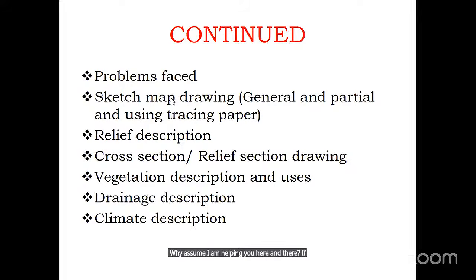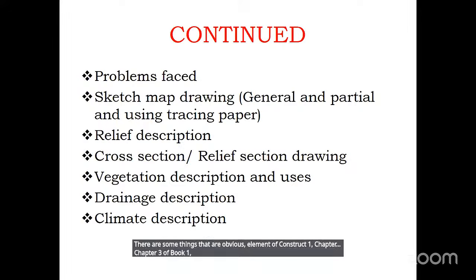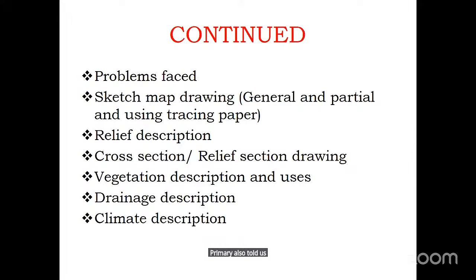If you are told to draw a sketch map, there are some things that are obvious. Element of construct 1, chapter 3 of book 1, deals with the map skills, drawing a sketch map. Primary also taught us the qualities of a good map.